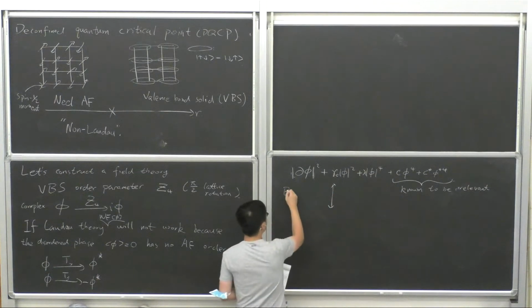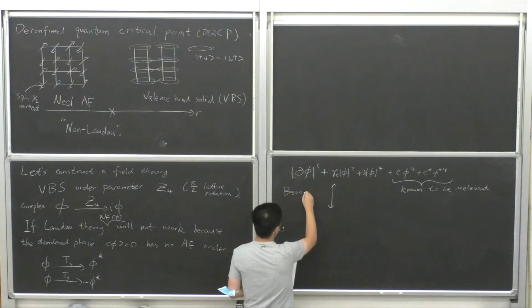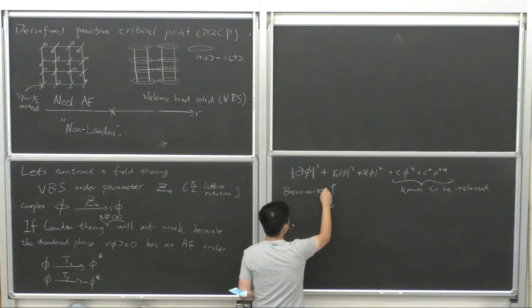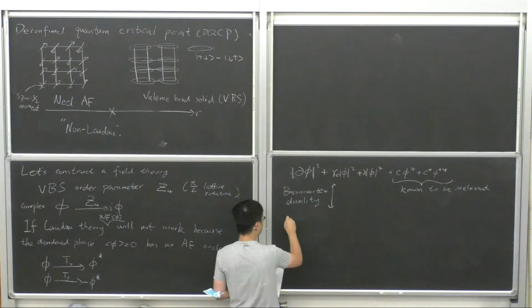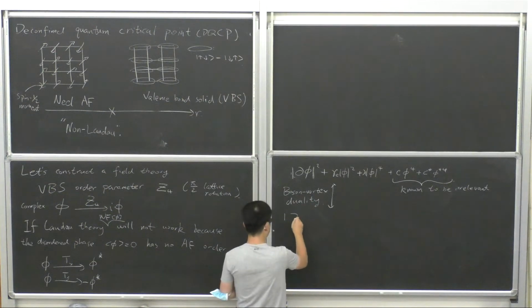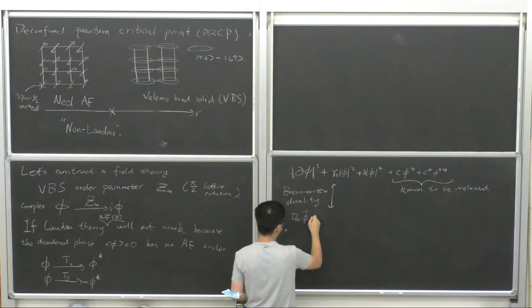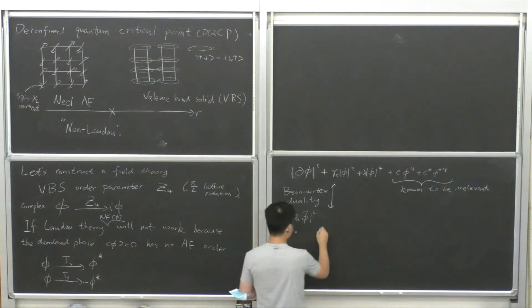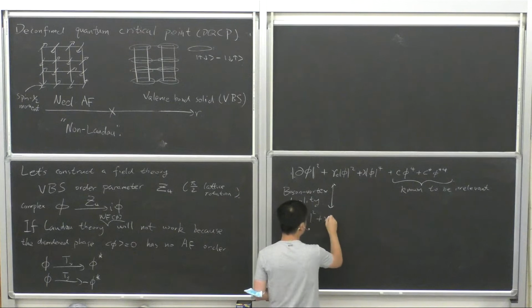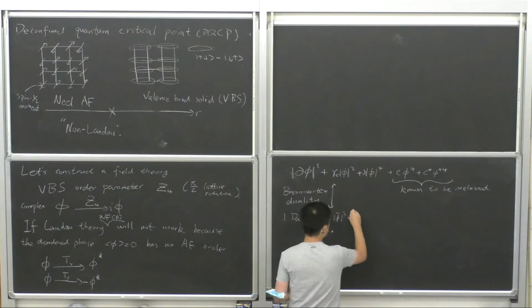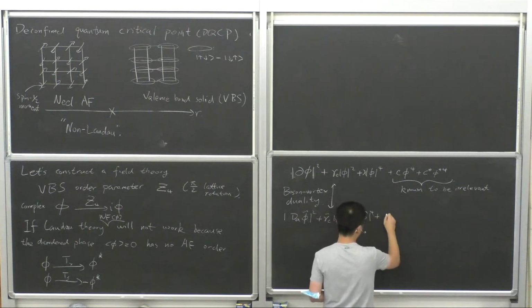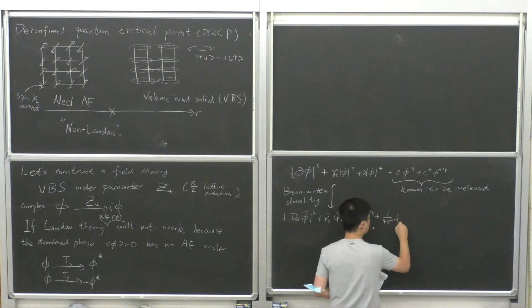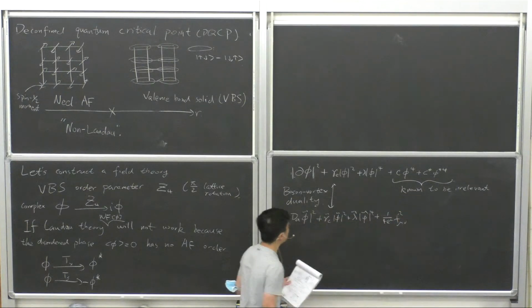In particular, you can go to the vortex picture. You can apply this boson-vortex duality to formulate that as a bosonic QED or Higgs transition, again with some fine-tuned mass, with the Maxwell term. Old story.